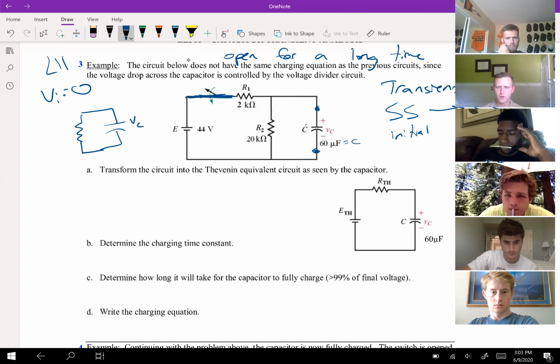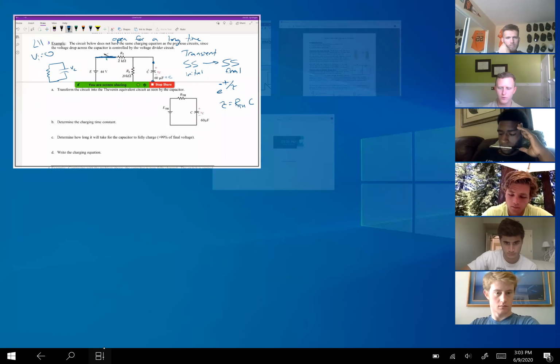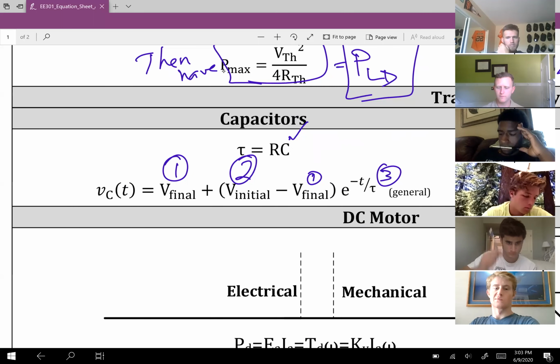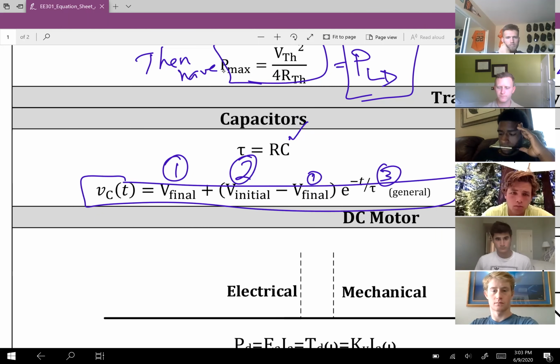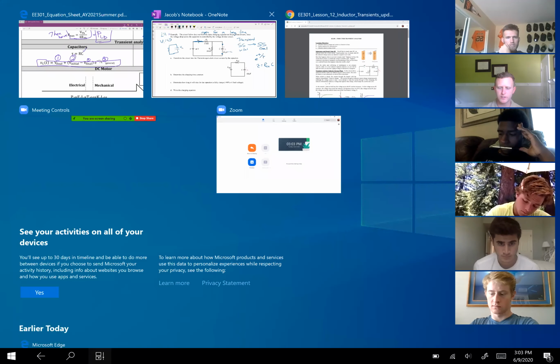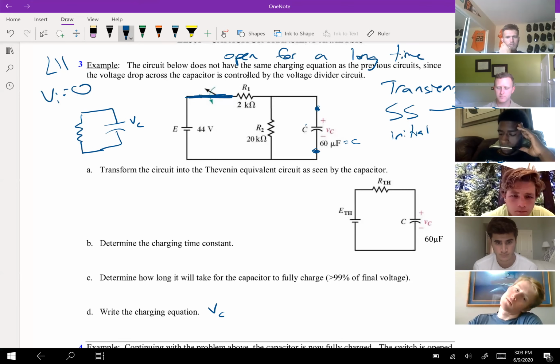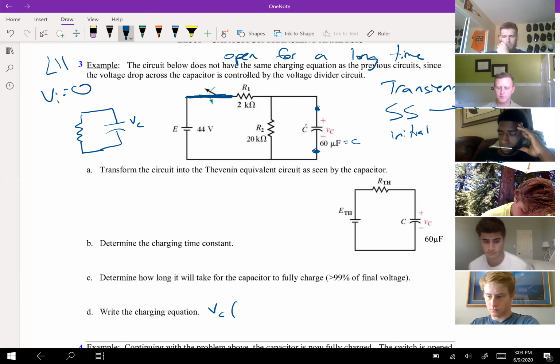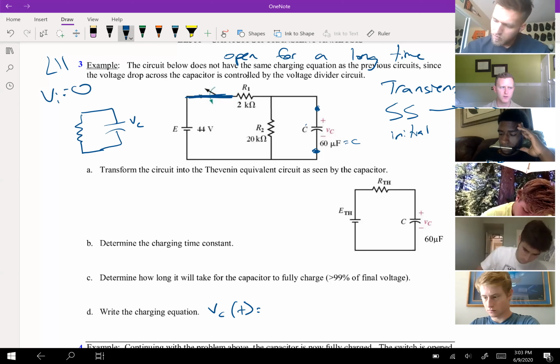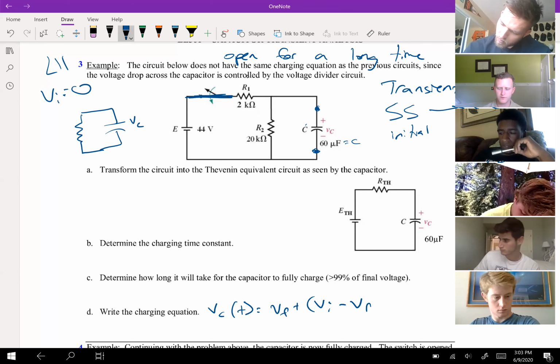If you're going to get points for just writing the equation, if I know I have a capacitor in transient, then I could just rewrite this formula right here, and I'll get points just for writing that formula. And now we're plugging in each of these parts. So right here, V sub C, which is the voltage across the capacitor as a function of time, is equal to that: V final plus V initial minus V final.